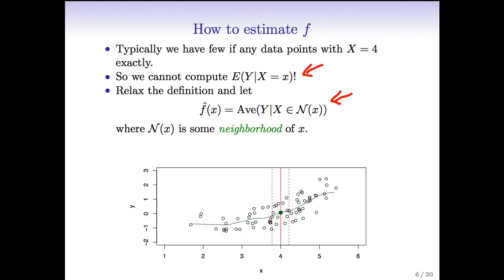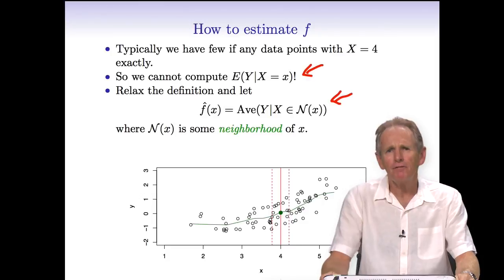And of course, you'll slide this neighborhood along the x-axis, and as you compute the averages as you slide along, it'll trace out a curve. So that's actually a very good estimate of the function f. It's not going to be perfect because the little window has a certain width, and so as we can see here, some points of the true f may be lower and some points higher, but on average it does quite well.